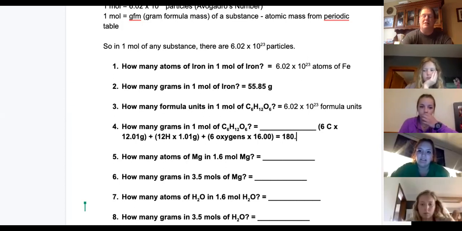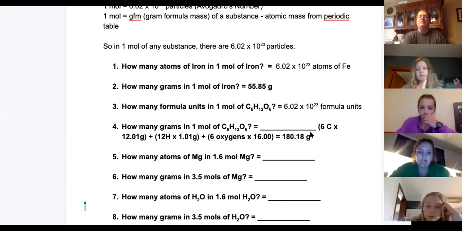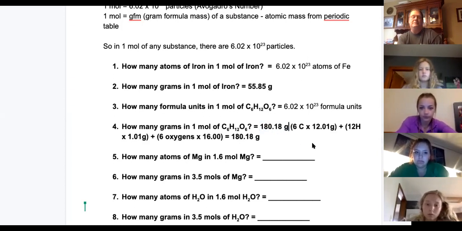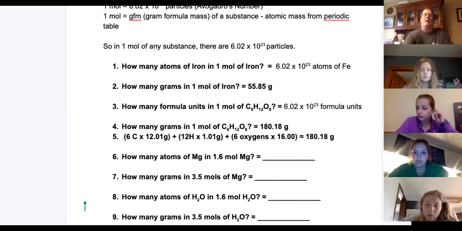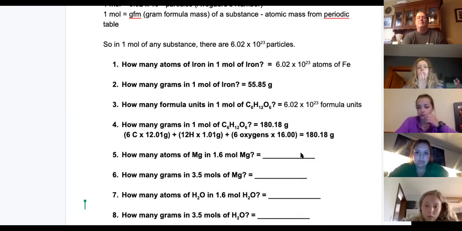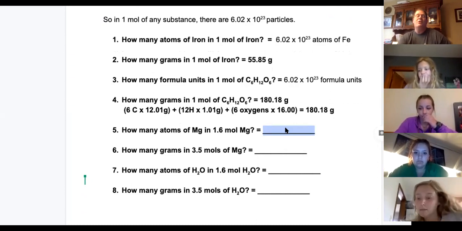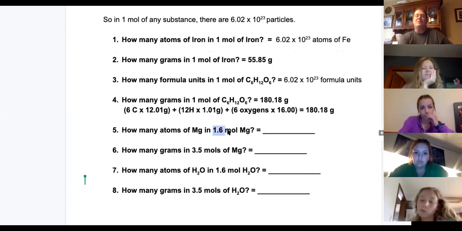180.18. Exactly. Now we're not asking about just a single mole. We're asking for a little bit more than a single mole. We're asking for 1.6 moles.